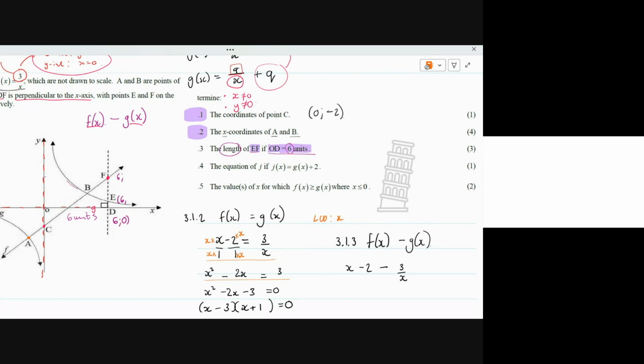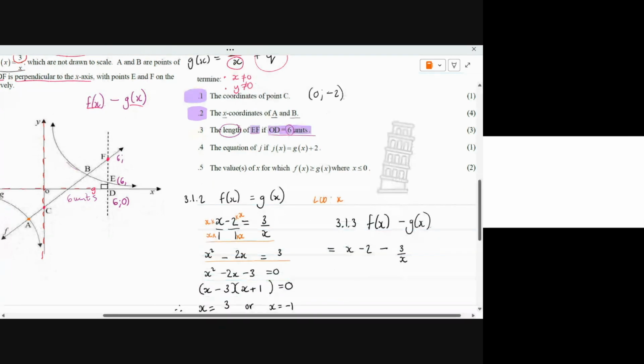What x value do they share? 6. Good. So all we're going to do is go into this formula and substitute x with 6, because we know that the x value is 6. So that's all we're going to do. If x is equal to 6, then we can find an answer.